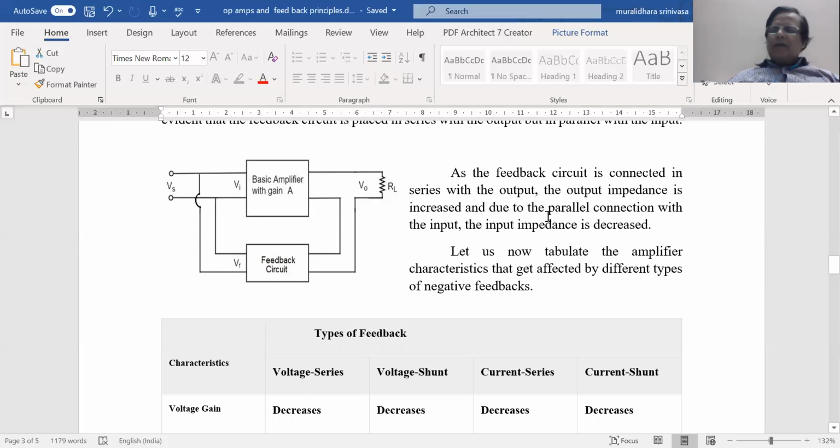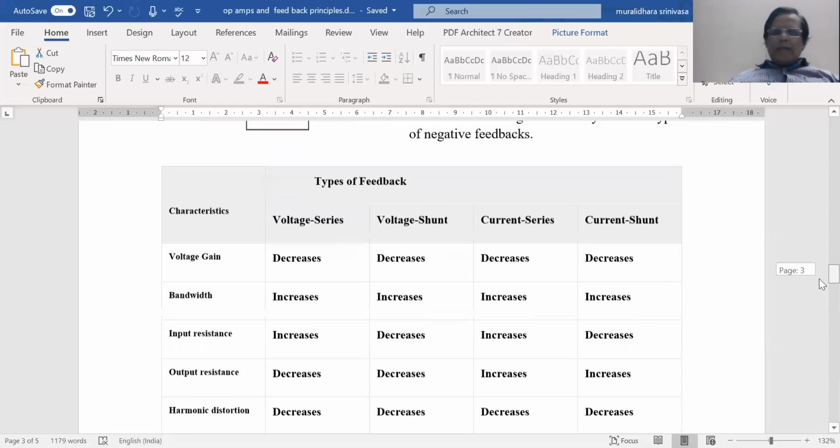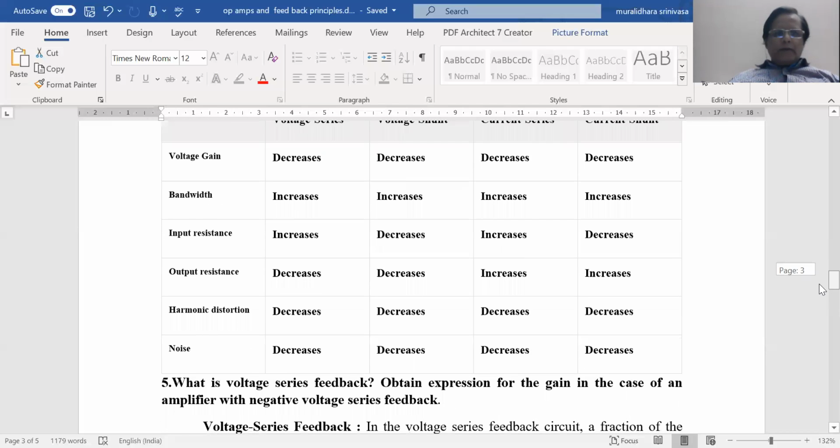So this is a series fed shunt connection. So what do you expect? Because it is a series fed shunt connection, the output impedance will increase and the input impedance will decrease. In general, when we talk of negative feedback amplifiers, we say it lowers the output impedance and increases the input impedance, but we should be careful. This depends on the type of tapping that you take.